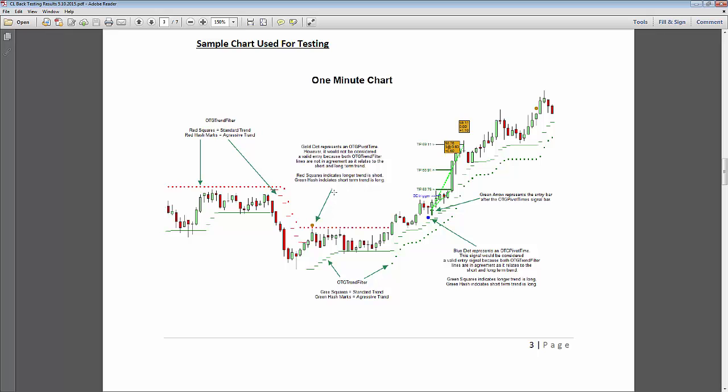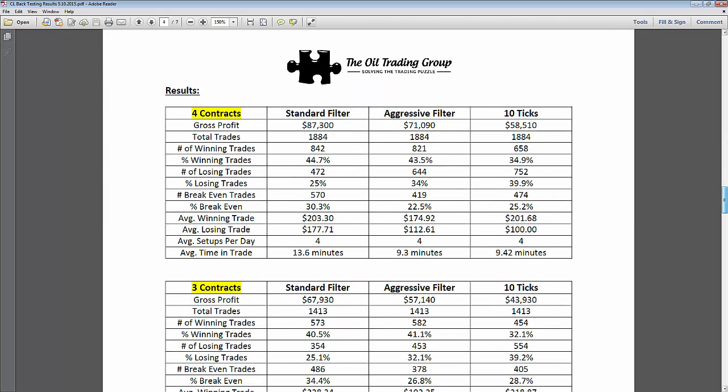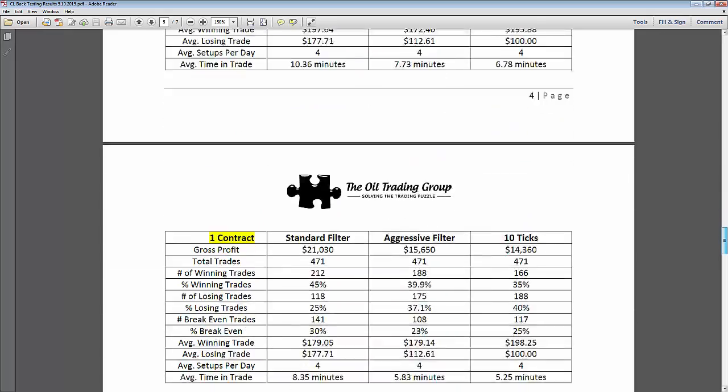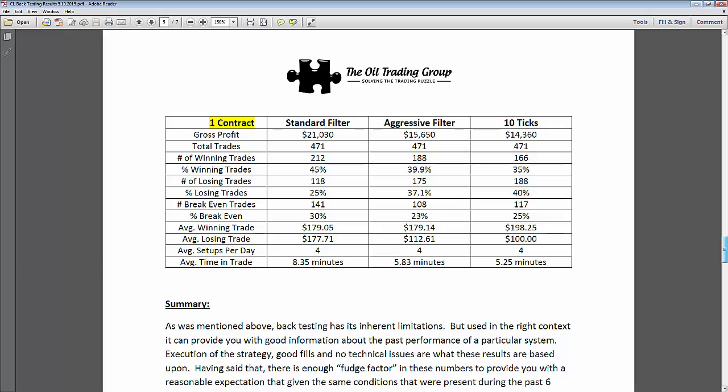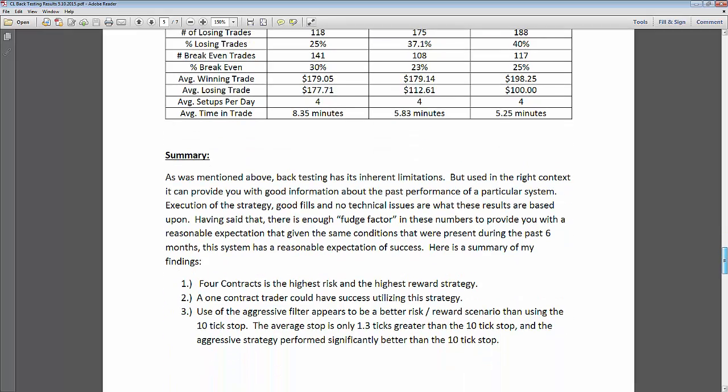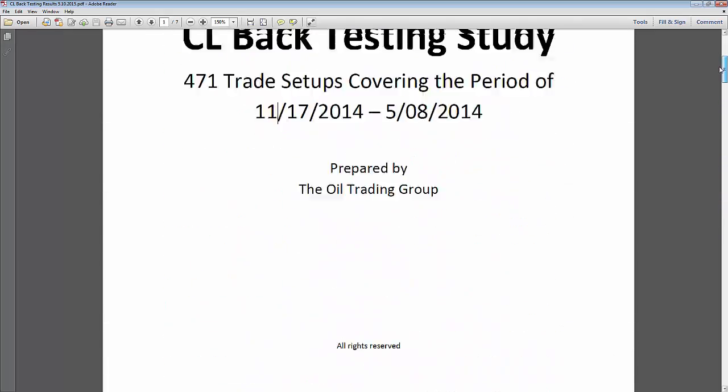I show you some examples of what occurred here, and then I give you the results of using the standard filter, the aggressive filter, and a 10-tick stop for 4 contracts, 3, 2, and 1 lot. I gave you that time frame for the 1 lot as well. And then I added a summary piece to this.